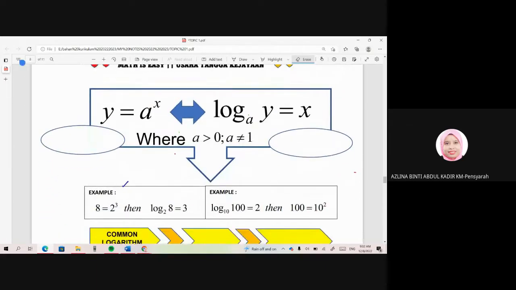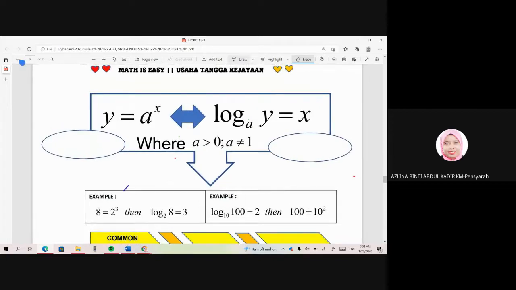Okay, log. We have log form and index form. Index form that we have discussed before in 1.1, that y is equal to a to the power of x. So a is the base and x is the index, right? When you change to log form, the base a stays as the base, no need to change.